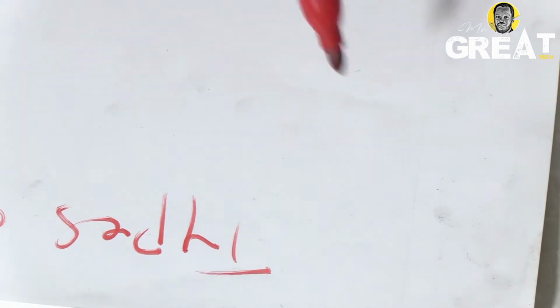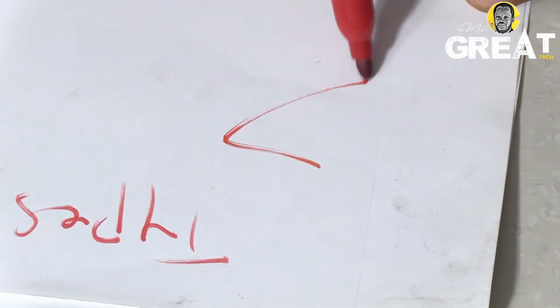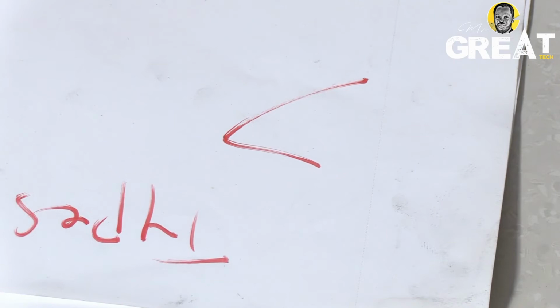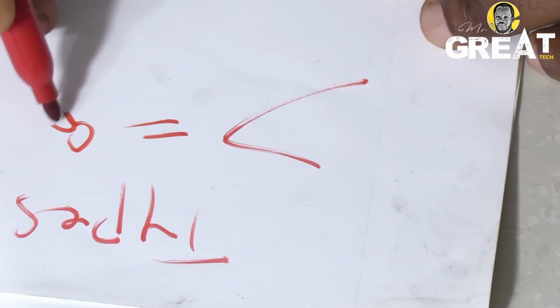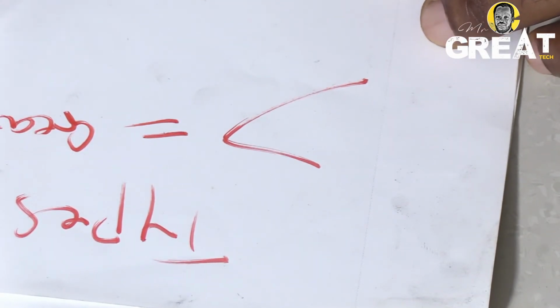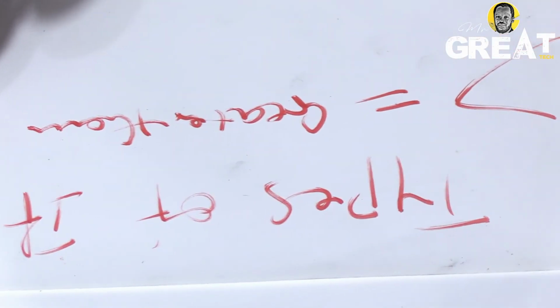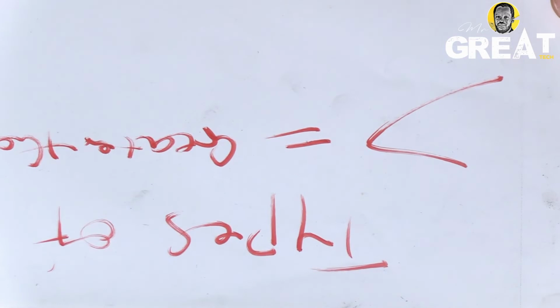So now I can say this one, and this one is greater than, which is equals to greater than. Then you have this, which is less than.